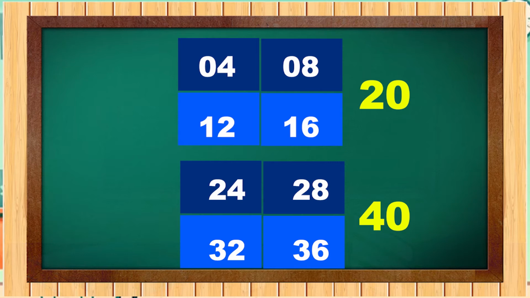Are you seeing it there? 4 multiplied by 1 equals 4. 4 multiplied by 2 equals 8. 4 multiplied by 3 equals 12. 4 multiplied by 4 equals 16. 4 multiplied by 5 equals 20.